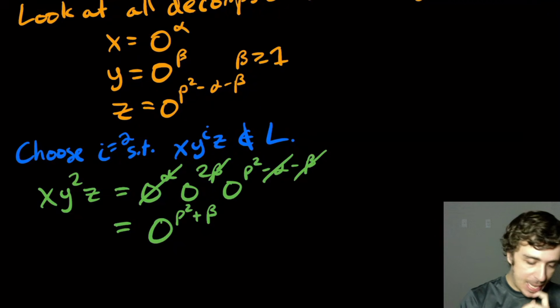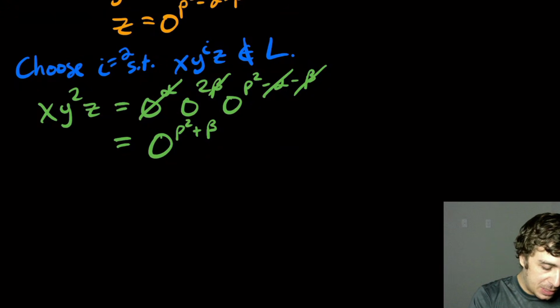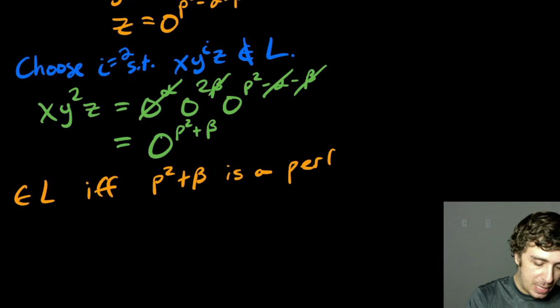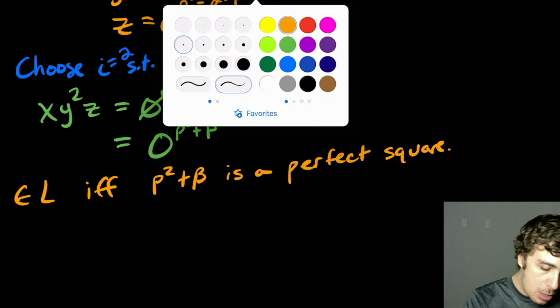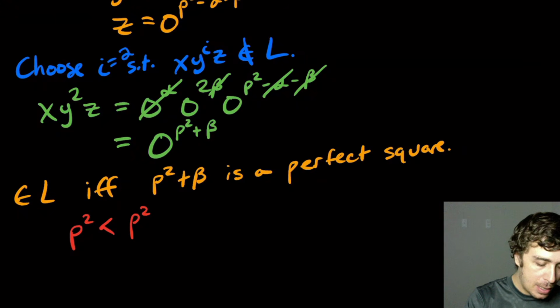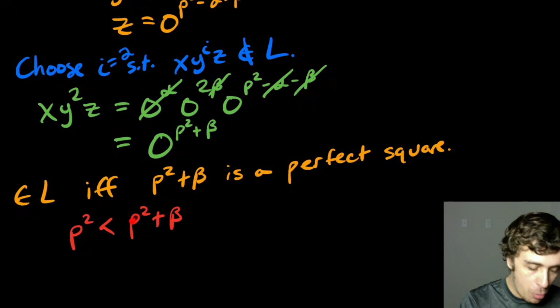Okay. And what we need to show or prove is that this thing is in L if and only if p squared plus beta is a perfect square. Well, let's see. So we know that p squared is strictly less than this number that we just derived. And how do I know this?